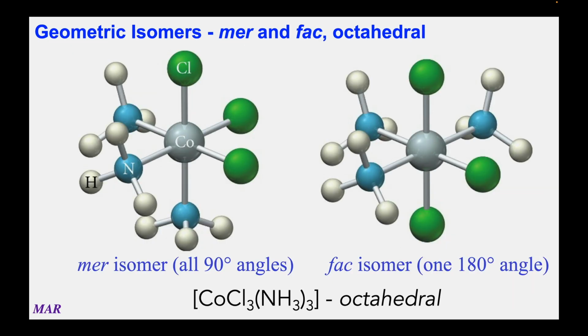Fac and Mer are sometimes used for octahedral compounds. And in a Fac isomer, notice how you have one trans 180 degree angle between two of the atoms. So what I just highlighted right there, that was two of the ammonias that are 180 degrees around octahedral.